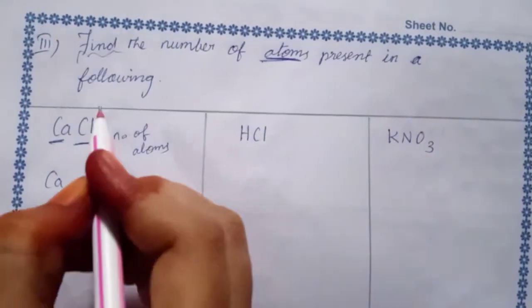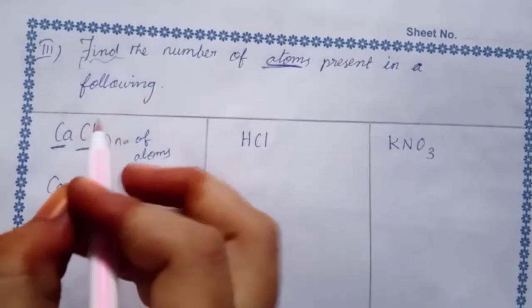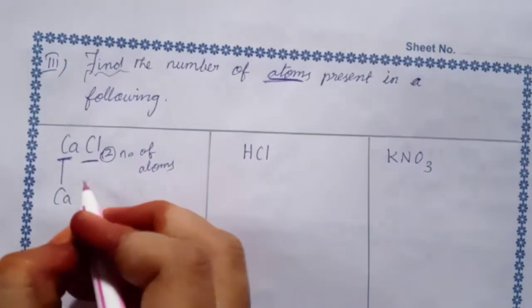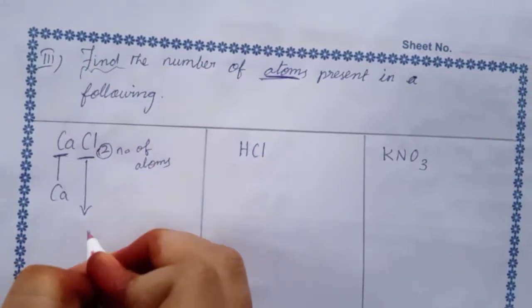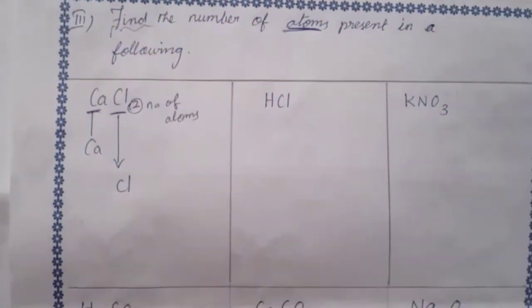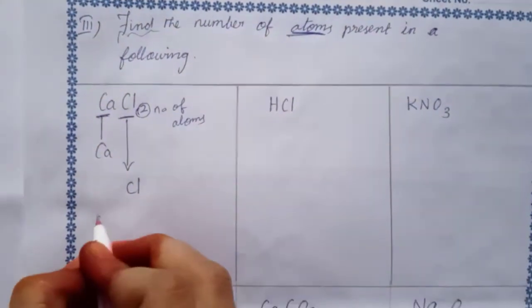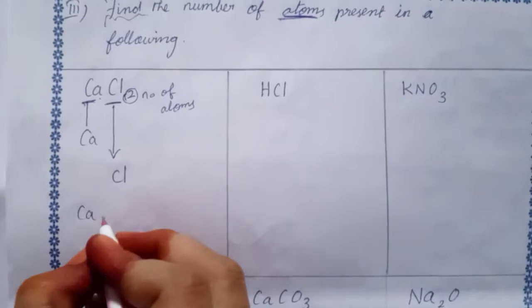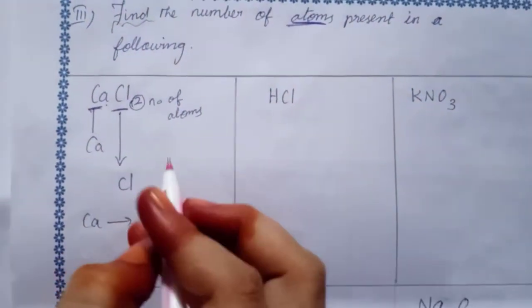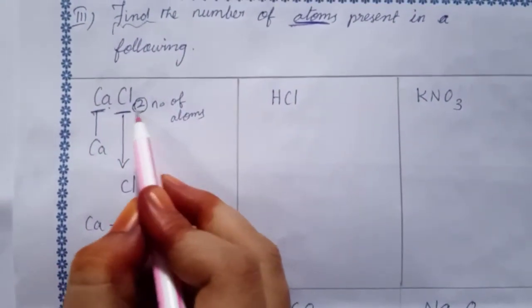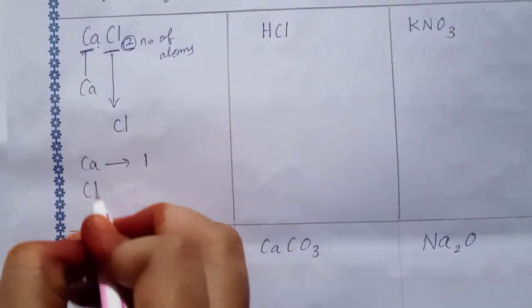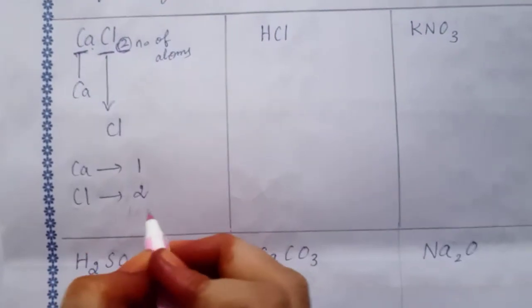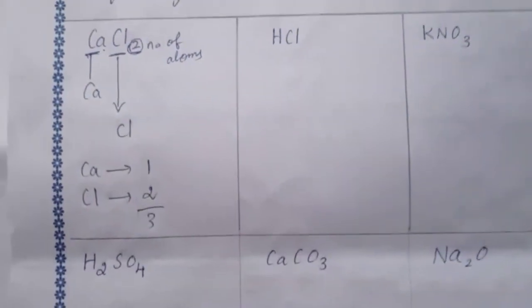There is no number after calcium, so only one calcium atom. And after chlorine, 2 is there, which represents 2 chlorine atoms, so totally 3.